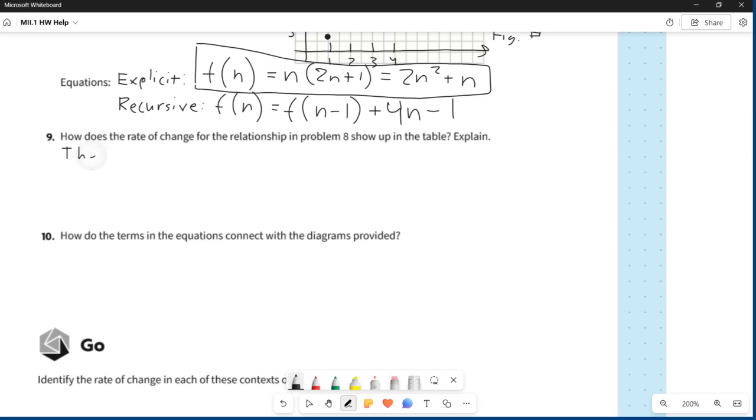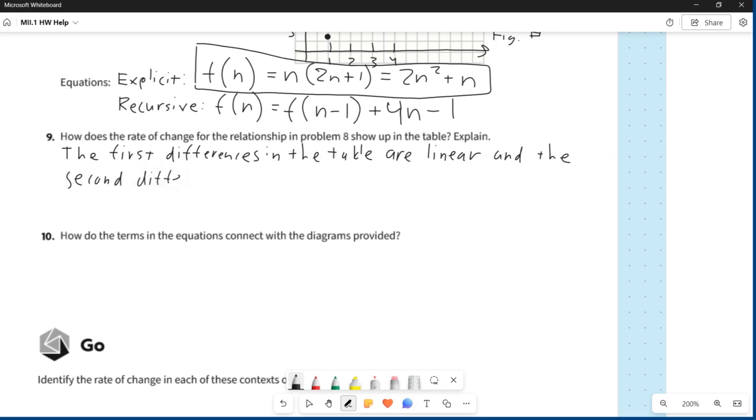What I would say is the first differences in the table are linear. And the second differences are constant.